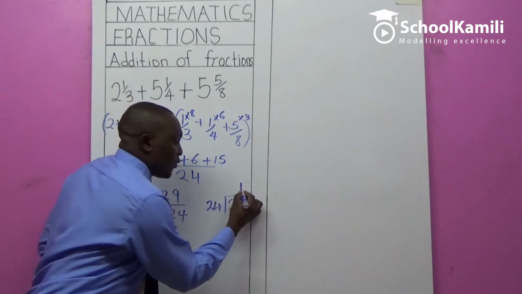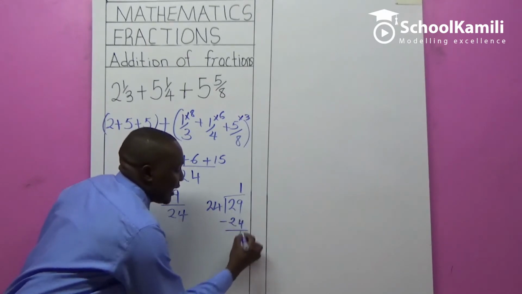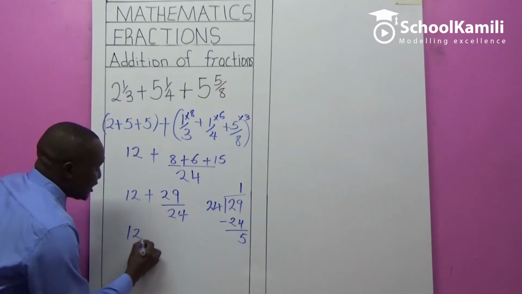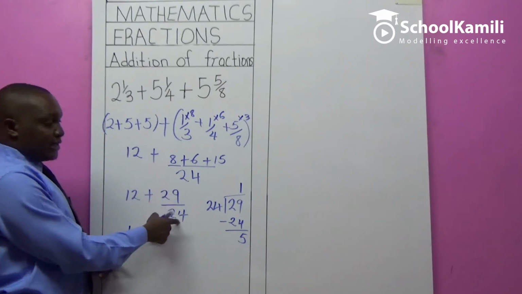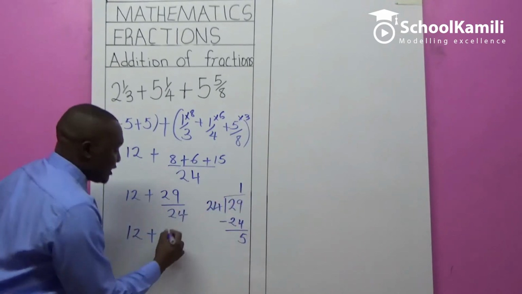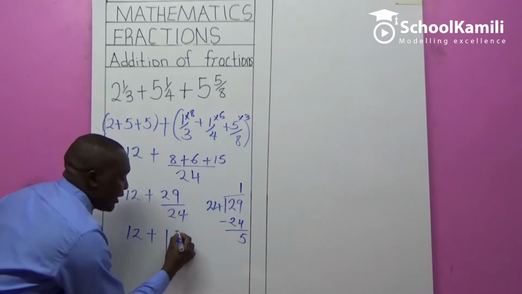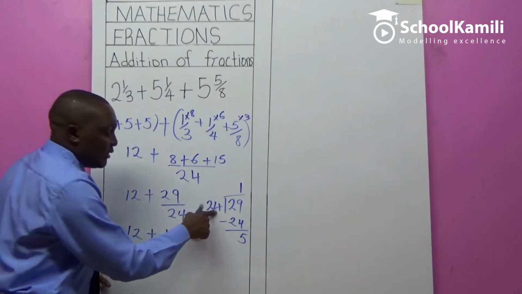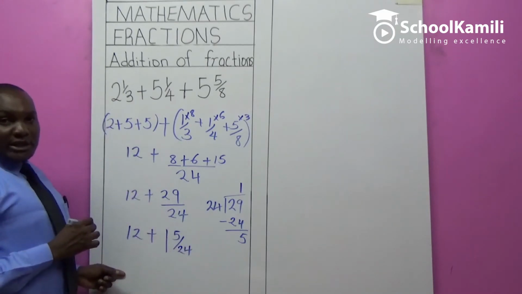You'll find it is once. When I subtract, I remain with 5. Which means when I change the improper fraction 29 over 24 into a mixed fraction, I get 1 whole. The remainder becomes the numerator in that fraction, then the divisor, which is 24, becomes my denominator.